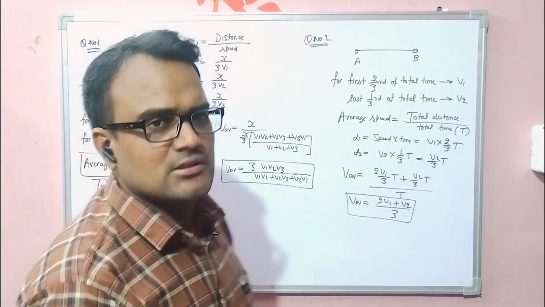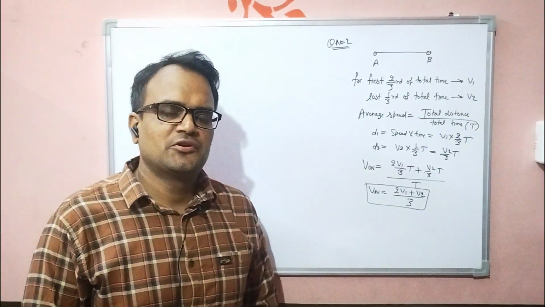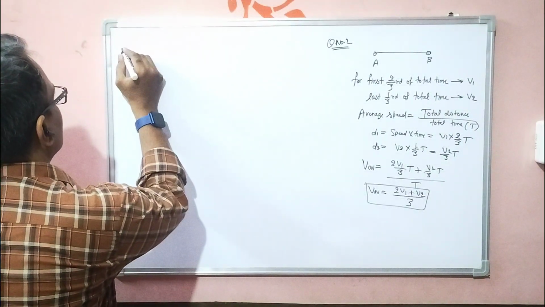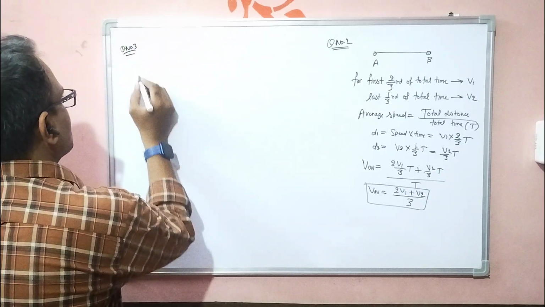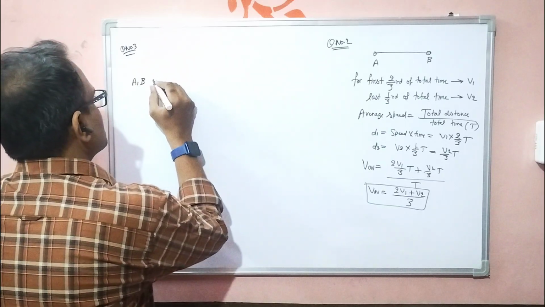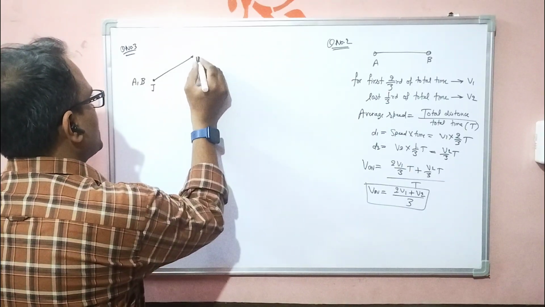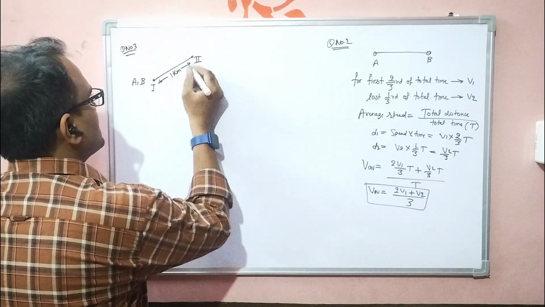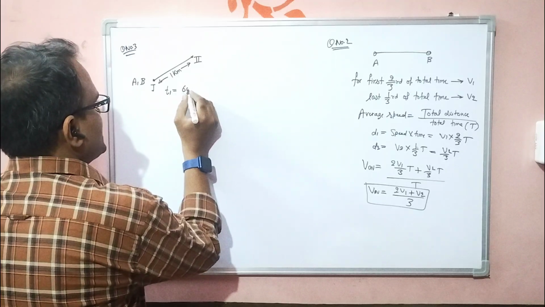Now let's discuss the solution of question number 3. Question number 3 of the last quiz is: it is given there are two persons, person A and B. Person A moves along this straight line from point 1 to point 2, and this distance is 1 kilometer. The time taken by the person is 60 seconds.